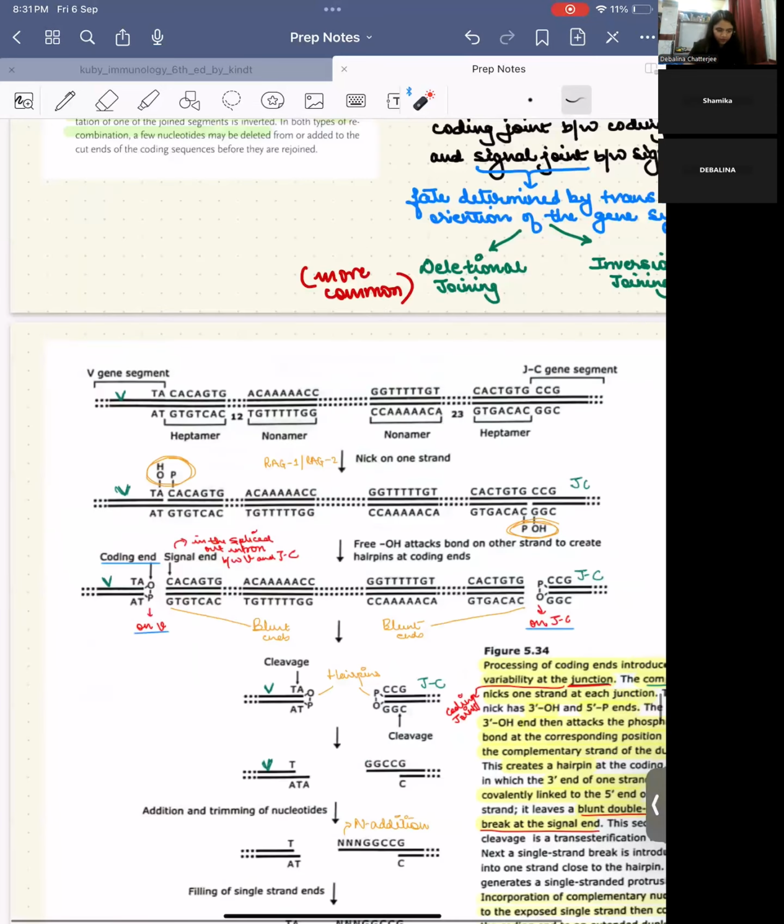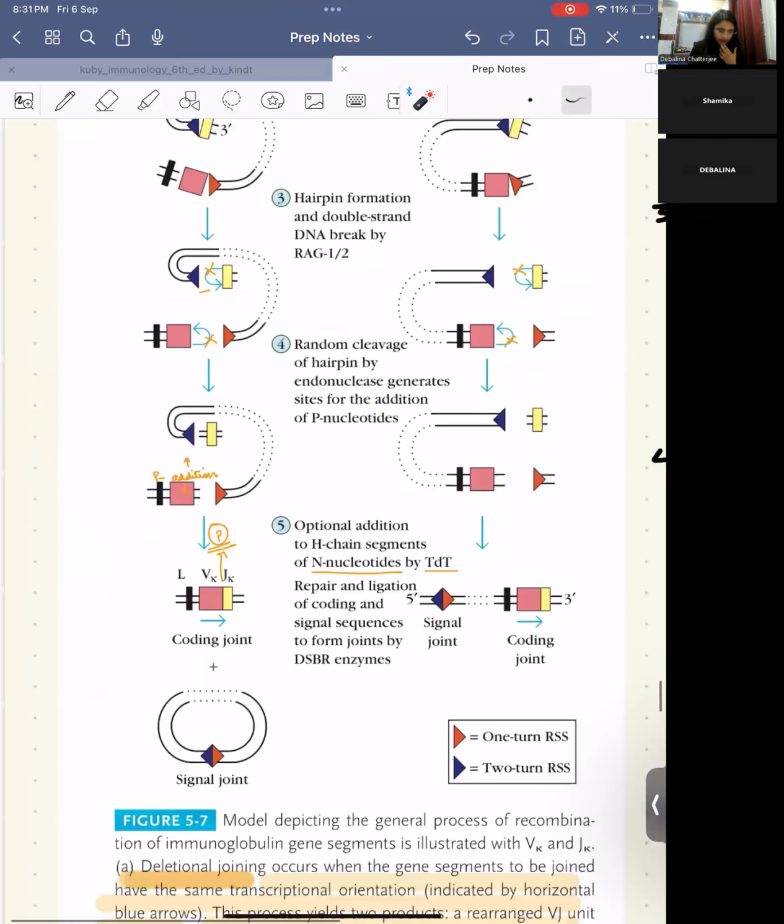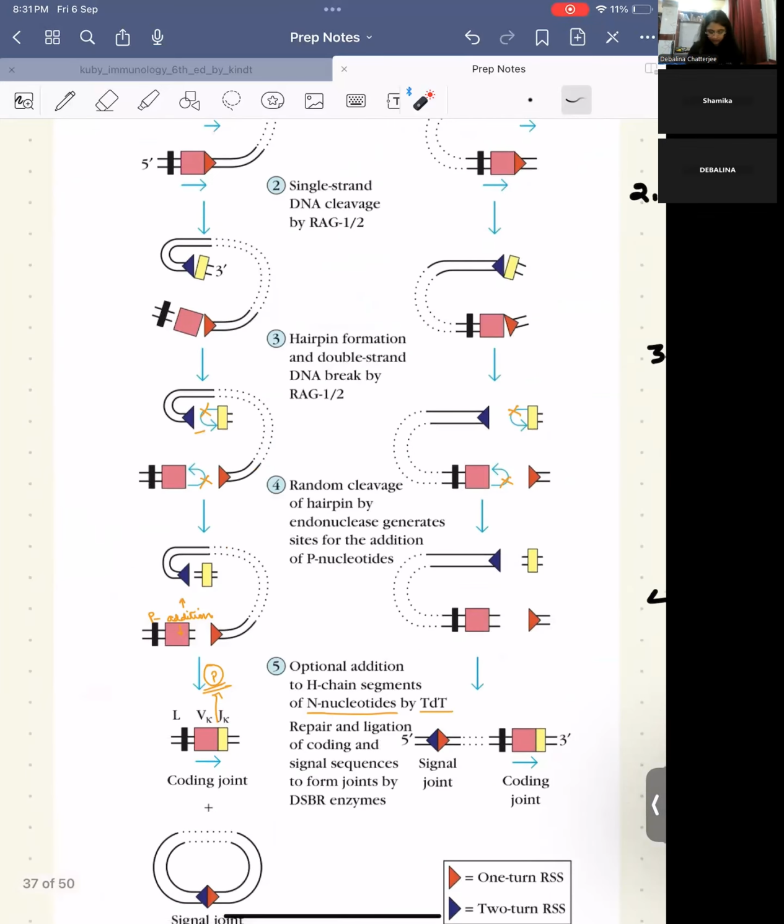If you look here, I think if I were in a position to tear this off, but this is exactly what is happening here: we have one cut that happened here, right? And then we have P additions. Similarly, another cut. So here, if you see, it's not just one strand that has been cut.